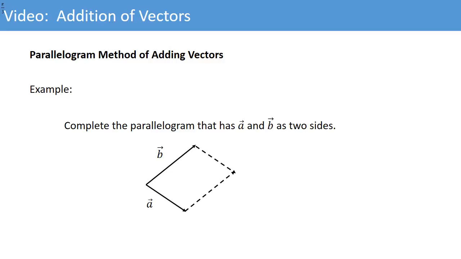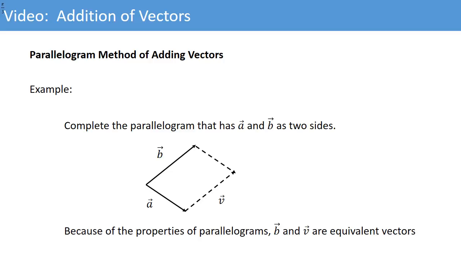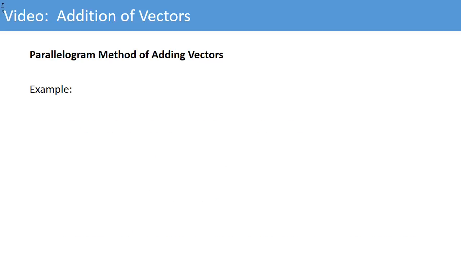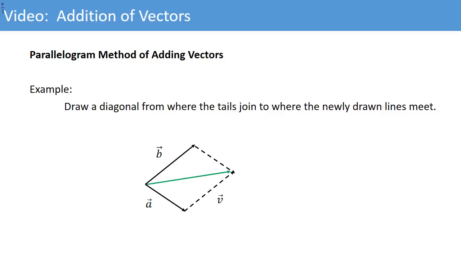Label the last line you drew vector V, and we know that vector B and vector V are equivalent vectors. Now, complete this shape by drawing a diagonal from the tails of vector A and vector B to the tips of vector V and the parallelogram.